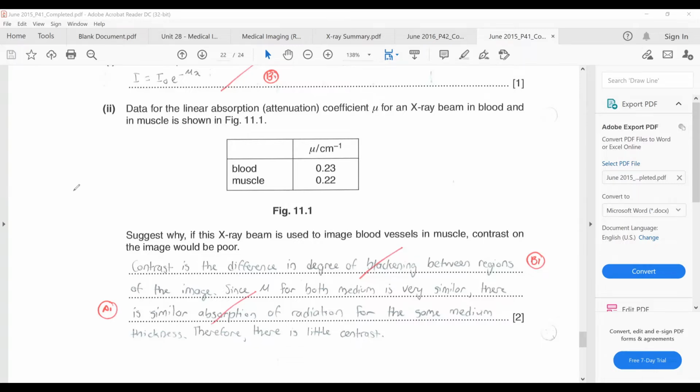To be able to see the different regions, your X-ray film must be darkened by different amounts. Maybe I better just write this out.